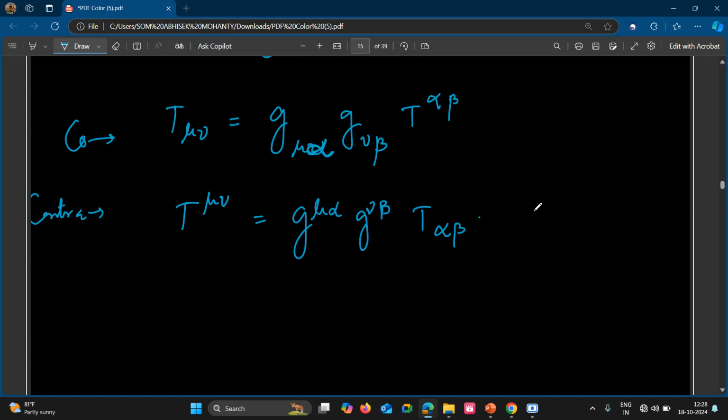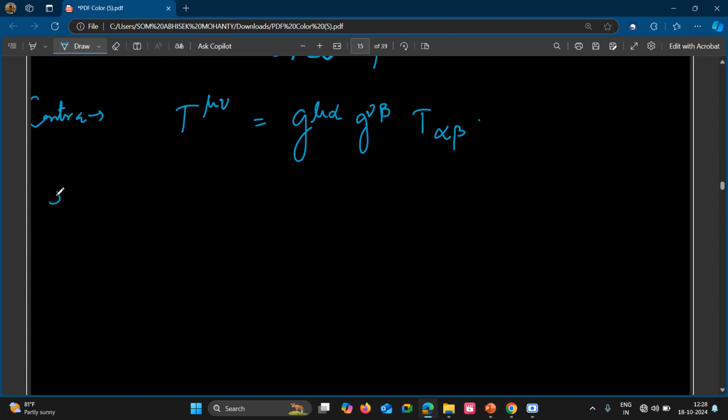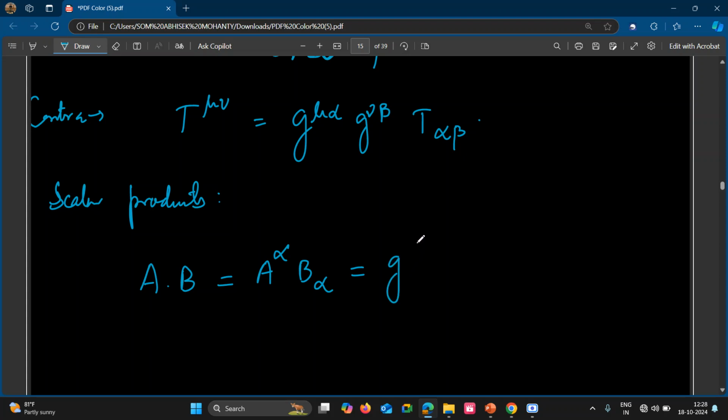So the scalar products are expressed. If I write the scalar product A dot B, I can write it as A alpha B alpha. By using the metric tensor we can write g alpha beta A beta.